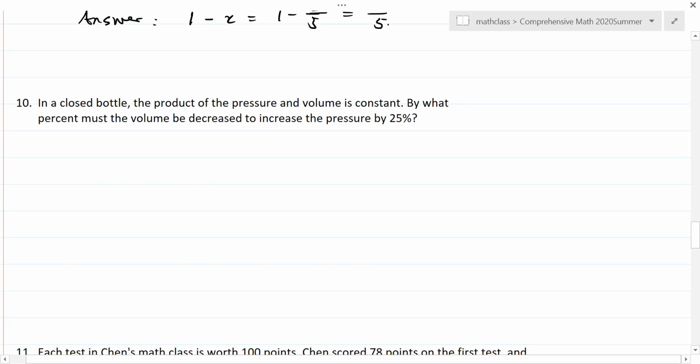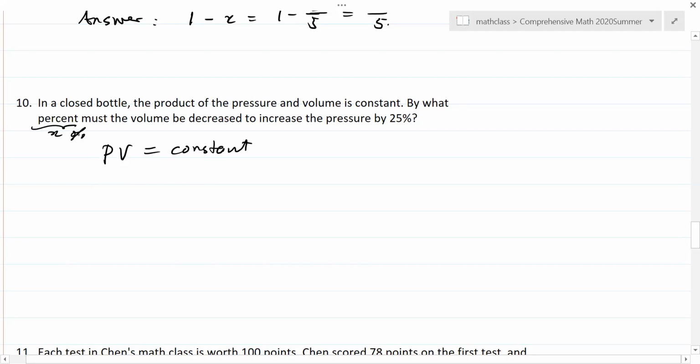All right, so it's constant. The product of pressure and volume is not changed. To solve this problem, I need to name the variable. So by what percent? We can say X percent.